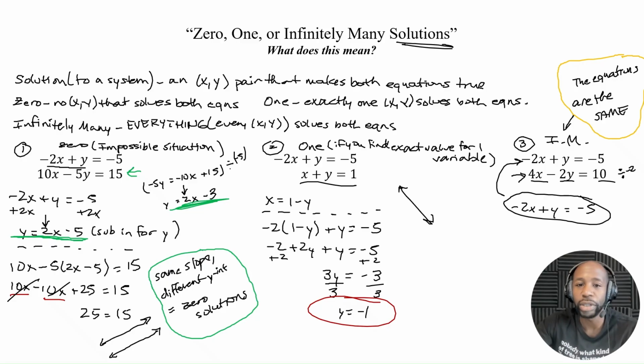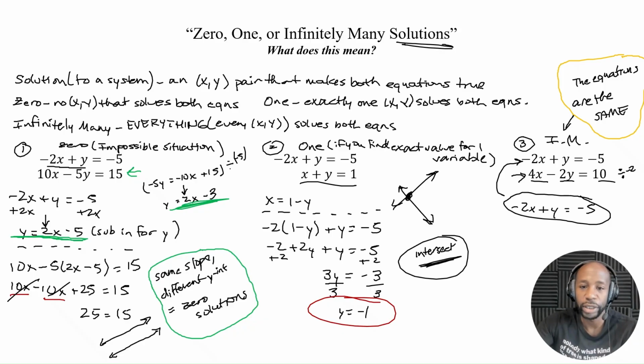And then this one is going to be y equals positive 2x minus 5. So at some point, that graph is going to go up. Graphically, they're going to touch at one point, and it's going to be that exact x and y that you find. Okay? So they intersect. Be consistent.